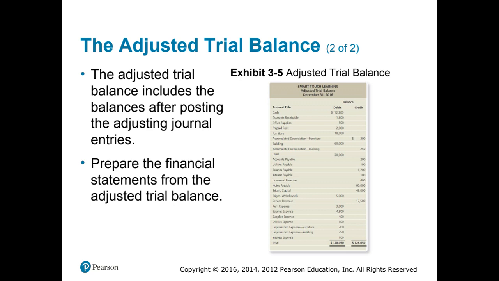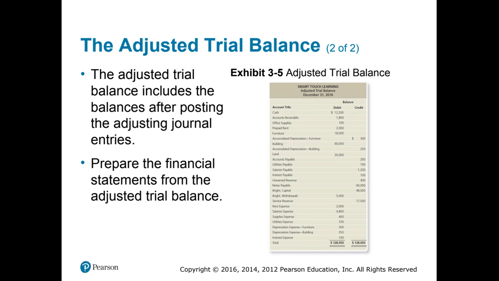This is on page 139. So we have here a copy of our adjusted trial balance. The adjusted trial balance includes the balances after we post the adjusting journal entries. We prepare the financial statements from the adjusted trial balance. So if you recall, I mentioned with your assessment, once you complete requirement 2, where we took our unadjusted trial balance and added in all of our adjustments for the period, we then found what our adjusted trial balance was.